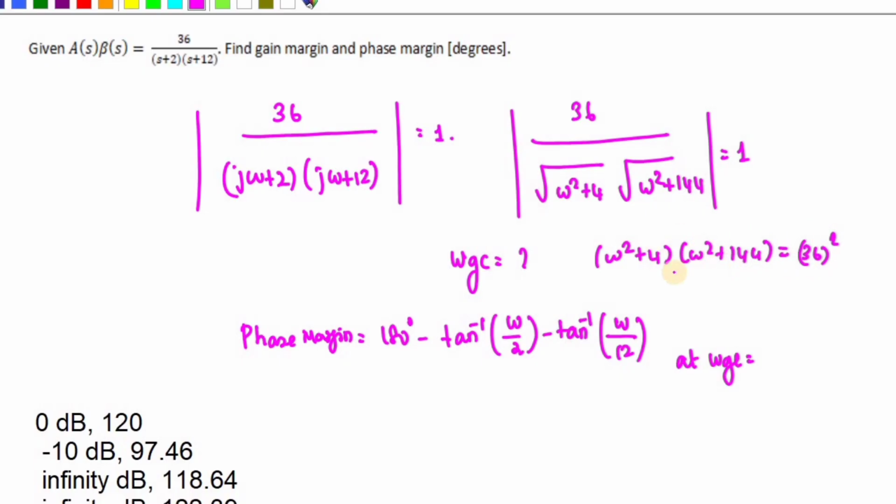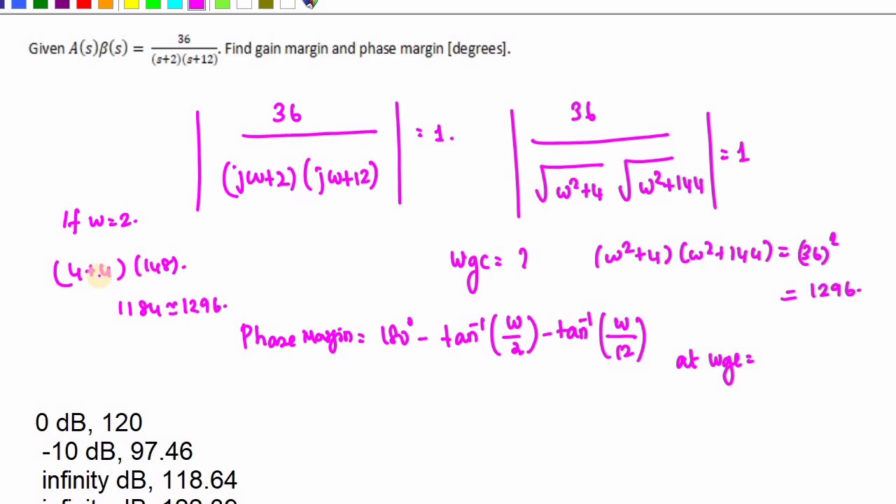By substituting values for omega, if I substitute omega equal to 2, I will get 4 plus 4 into 148, which is equal to 1184.